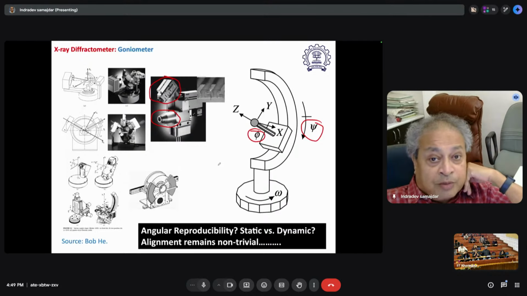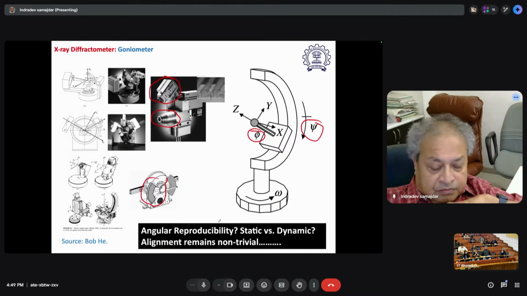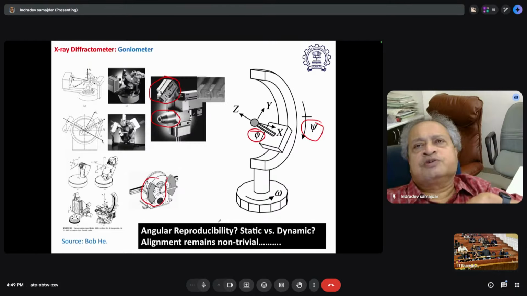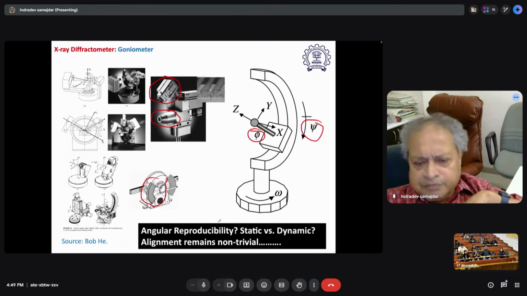So I can do a micro diffraction in this kind of setup. Of course, the goniometer has to be balanced very well by these screws. It also has a wonderful optical grating, which gives you reproducibility. Ours is what? 0.0001 degree because of the optical grating.